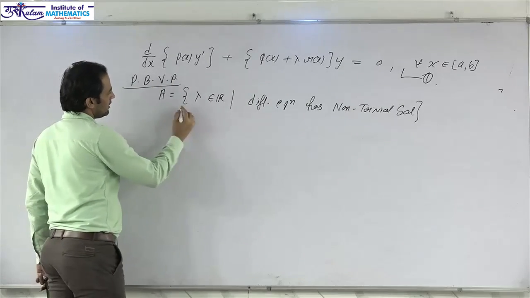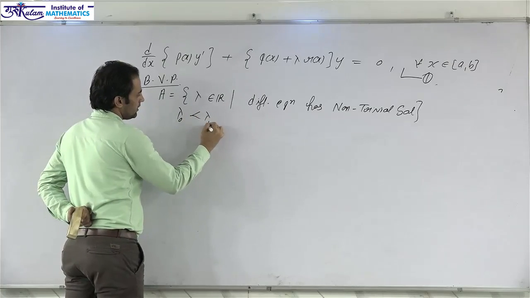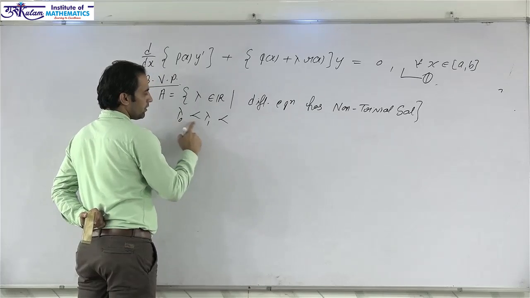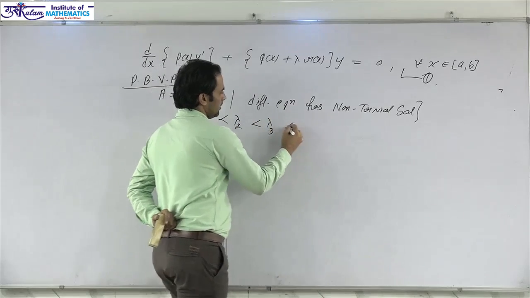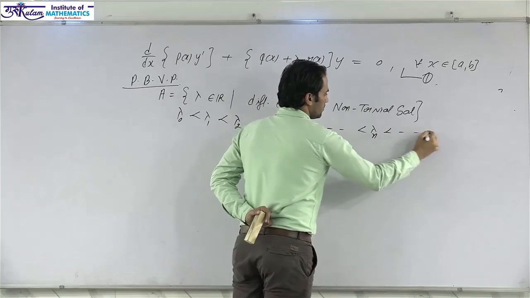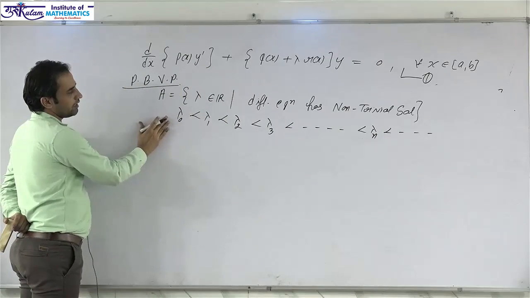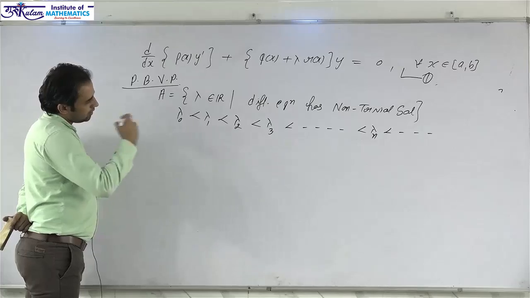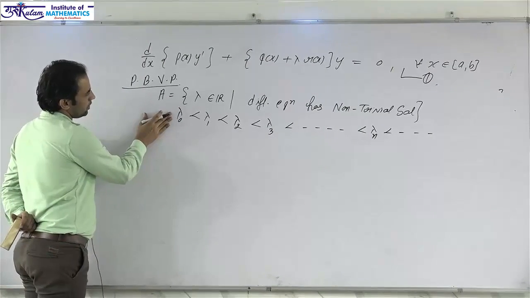Again, we can arrange the set of eigenvalues into increasing order, say lambda naught, lambda 1, lambda 2, lambda 3, and so on, lambda n.